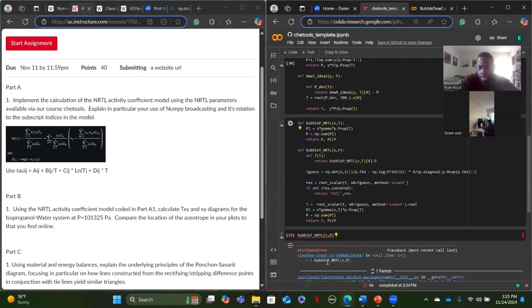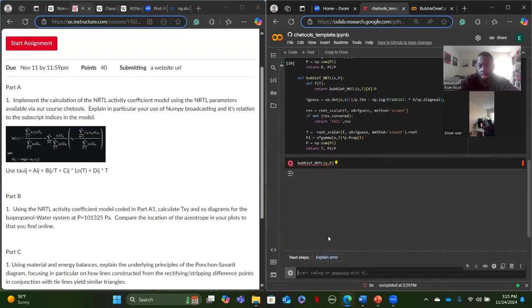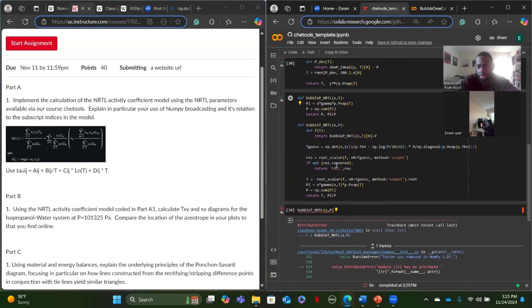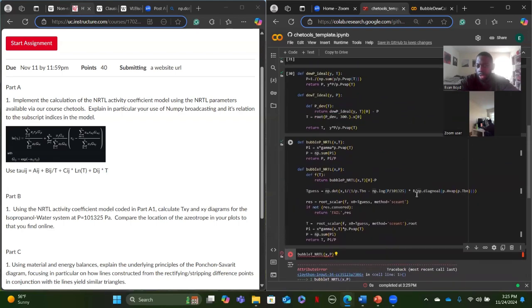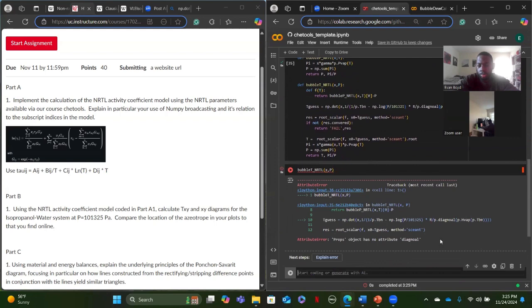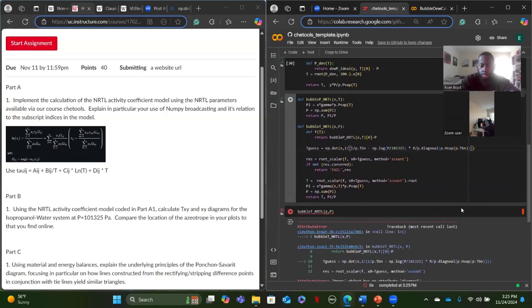Hmm. What the heck? NumPy has no attribute diagonal. Oh, it's talking about this. It must be. Let me check the frames. T-guess, yes. So our T-guess, I think it's our P dot. Let me see. Props, it should be NP.